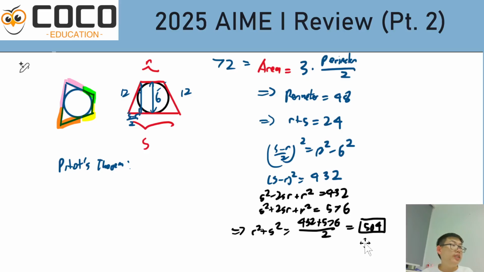AIME geometry tends to have a little bit more use of formulas as compared to, let's say, our SMO geometry. In Singapore, we tend to have a lot more of those: do some angle chasing, find some cyclic quadrilaterals and similar triangles.